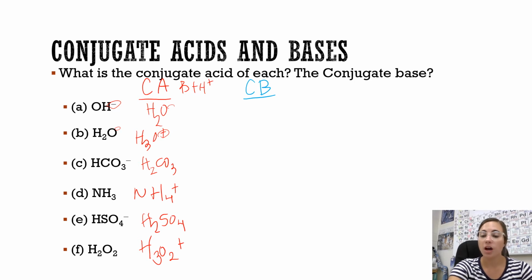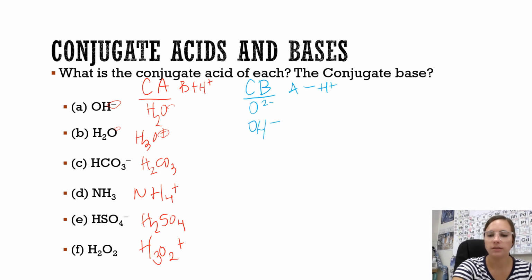Now, for the conjugate base, the thing itself is acting as an acid. So the conjugate base you can think of as the acid minus H plus. So if OH minus is an acid and it gives away its hydrogen, OH minus H becomes O2 minus. H2O minus H becomes OH minus. HCO3 minus H becomes just CO3 2 minus.